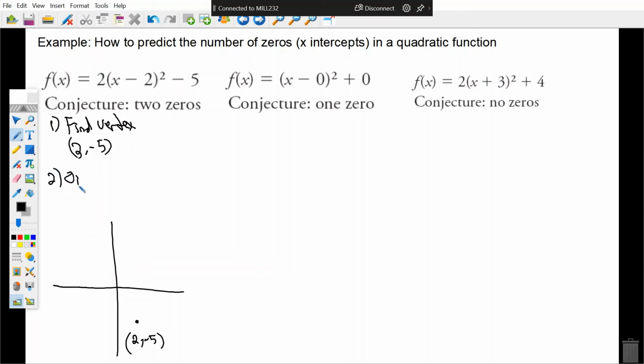Does this parabola open up or down? Well, the a is positive, so this opens up. So if the vertex is below the x-axis and it opens up, how many x-intercepts is this graph going to have?